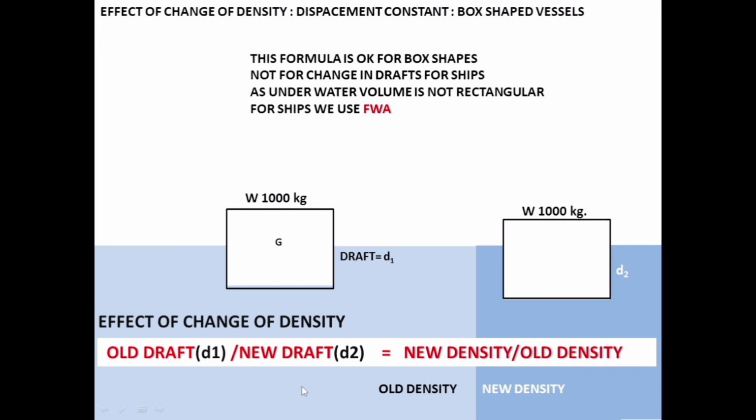But now here, if the displacement is the same, draft would change, and we had worked out this relationship here. This relationship is good enough for a rectangular box, because here length, breadth, and height have no variation, but it is not applicable for the ship, because the ship is not shaped like a rectangle.